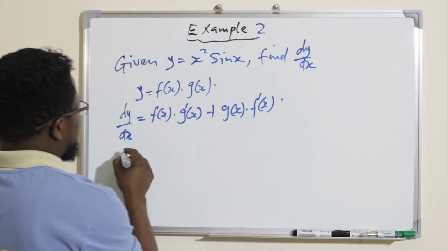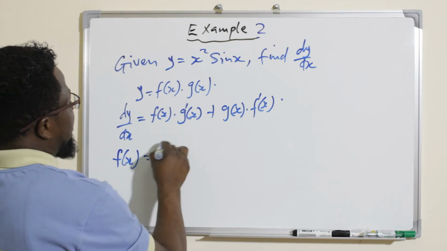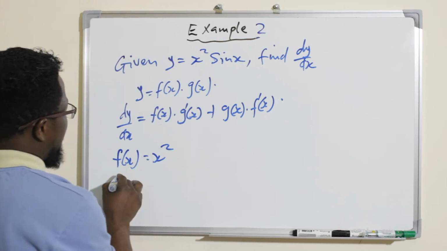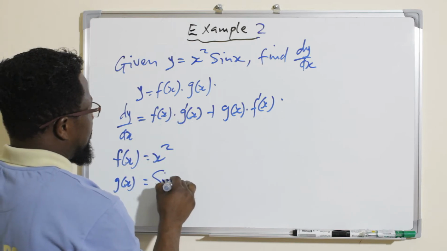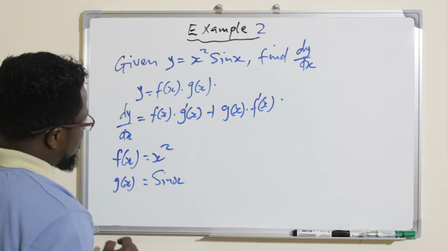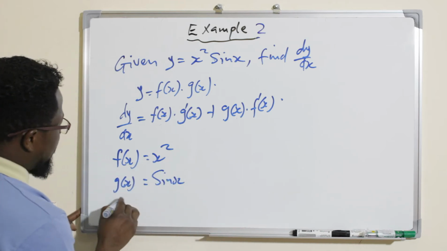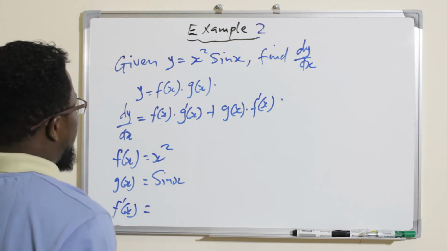So let's see, what is my f of x? Let my f of x be x squared, and let my g of x be sine x. Once I have this, I can then find f prime of x.